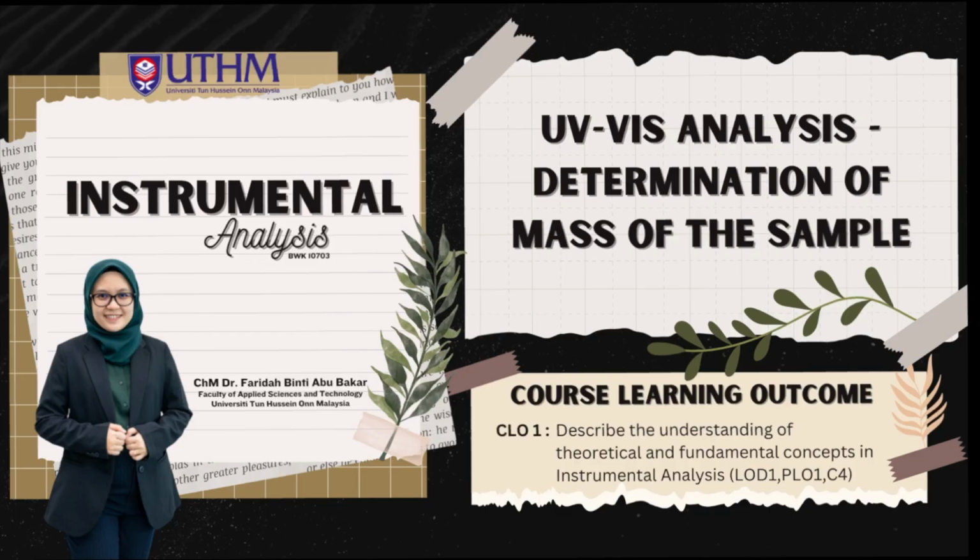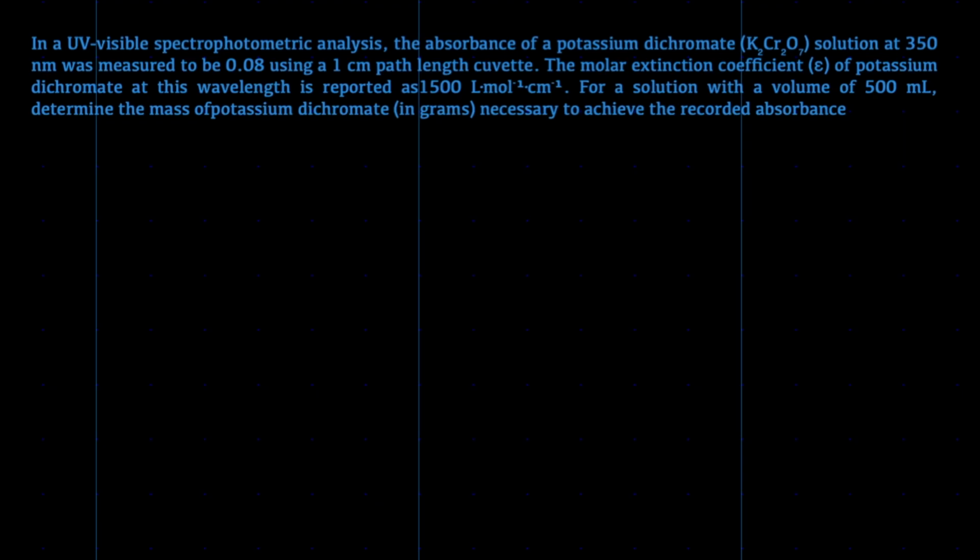In this video, we shall learn about the UV-Vis analysis, especially on the determination of the mass of the sample in the UV-Vis. In a UV visible spectrometric analysis, the absorbance of potassium dichromate solution at 350 nanometer was measured to be 0.08 using a 1 cm path length UV-Vis.